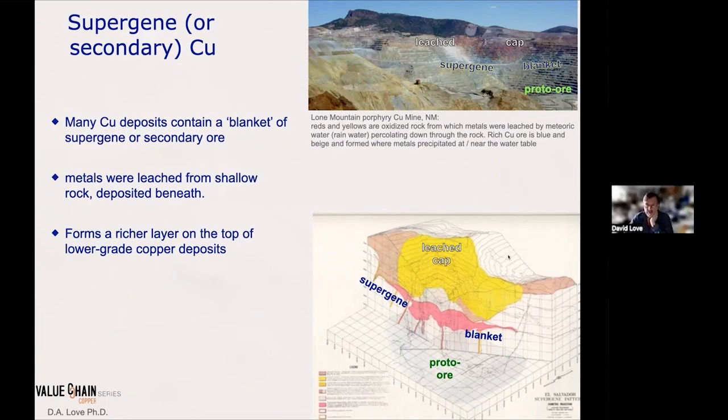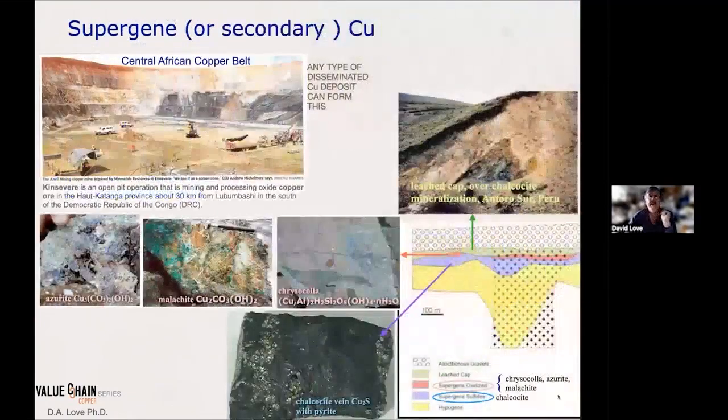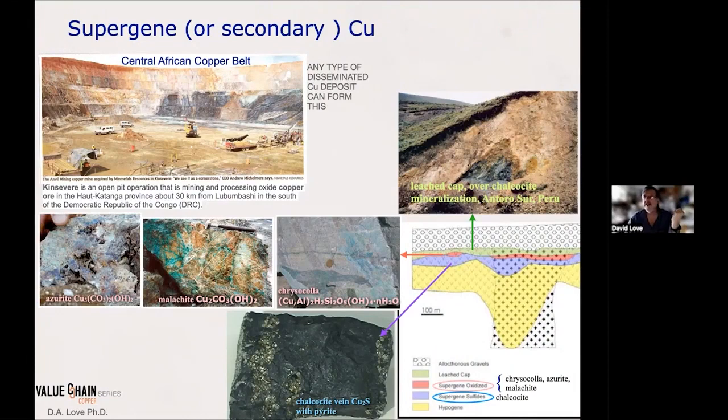Here's a block diagram of the same thing: leached cap, supergene blanket, proto ore, in this example from El Salvador in Chile. Any type of disseminated copper can form this type of supergene enrichment or secondary copper. Here's an example from the Central African Copper Belt where there was disseminated copper in a stratiform copper deposit.